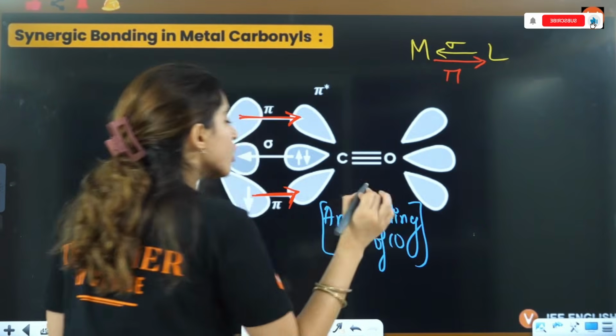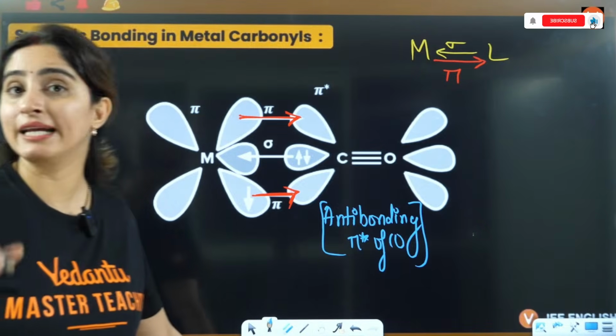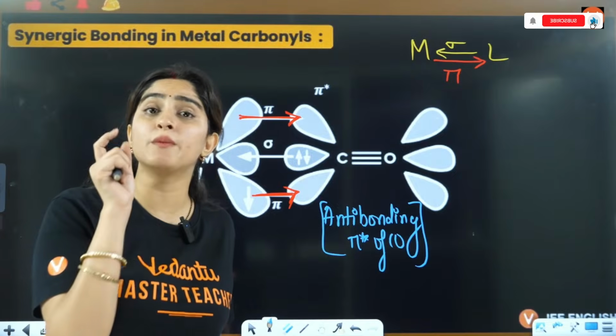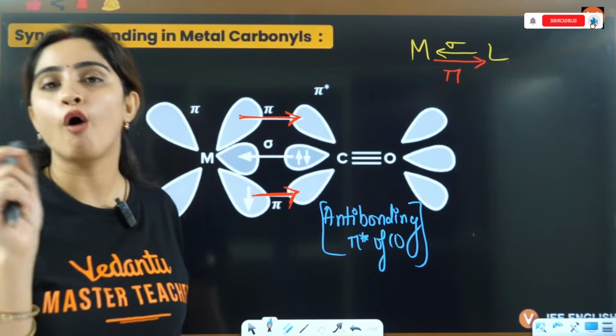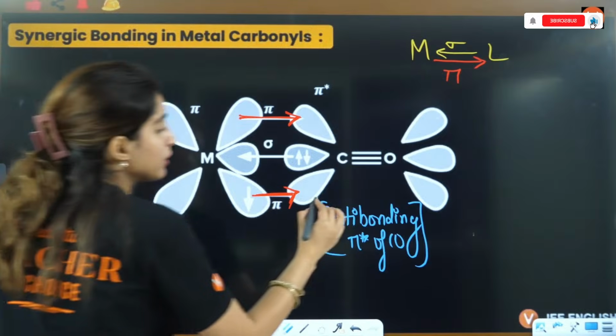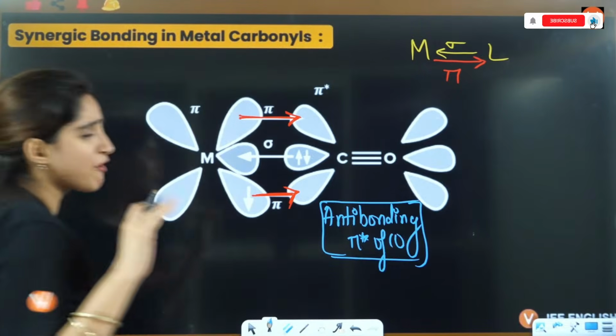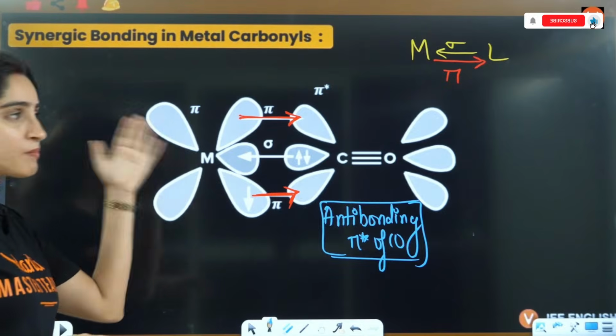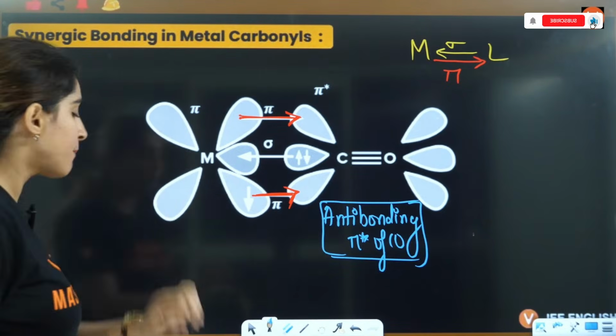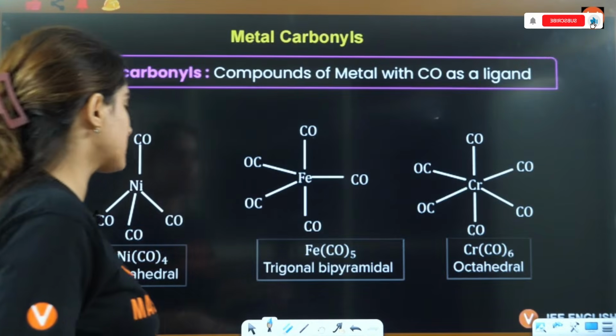So electrons are accepted by the ligand not in simple orbitals but in pi star anti-bonding vacant orbitals of carbonyl. This is a very important point to remember. You don't have to go through the MOT diagram, just remember this one. That is accepted by sigma but it is donated in the pi star anti-bonding orbitals, right?